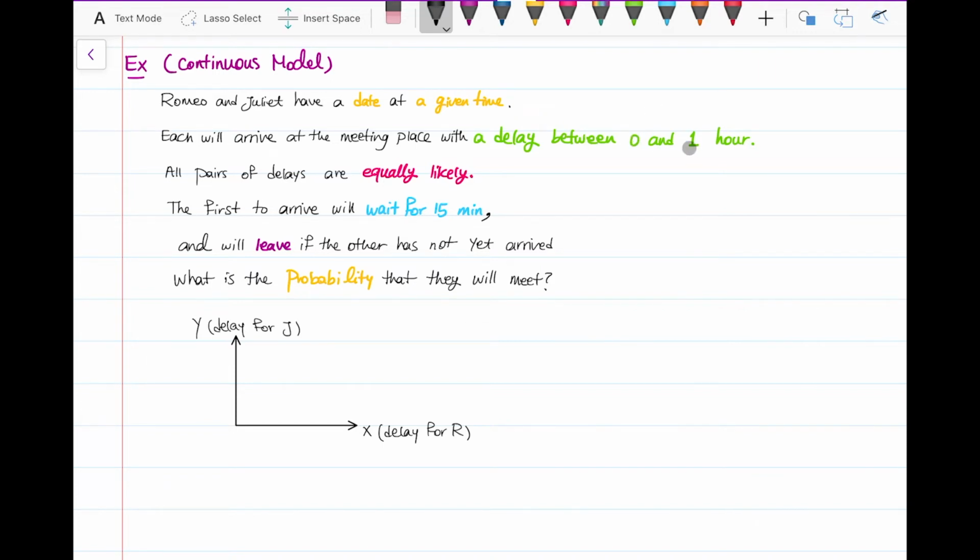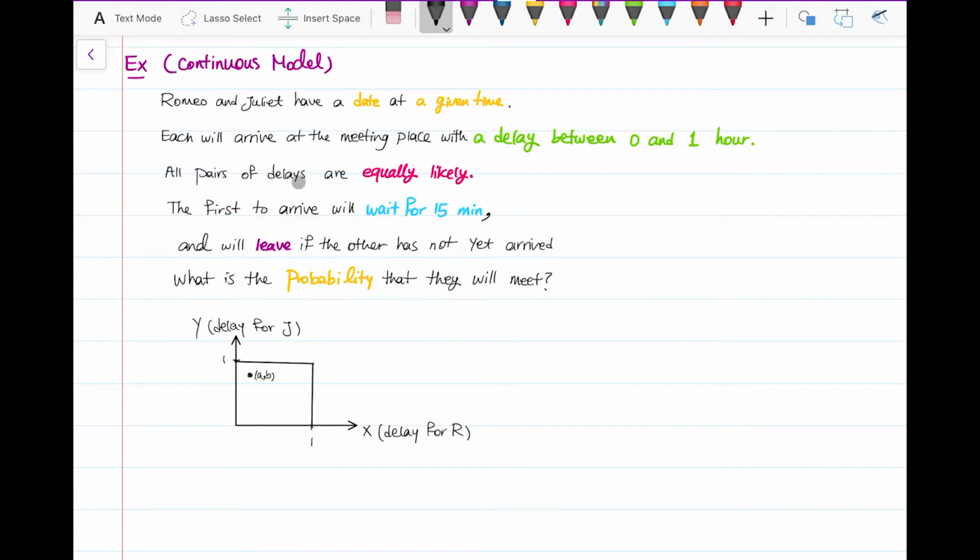They have a delay between 0 and an hour, so I have a square here. Each point here is a pair. The first coordinate would be the delay for Romeo, and the second coordinate would be the delay for Juliet.